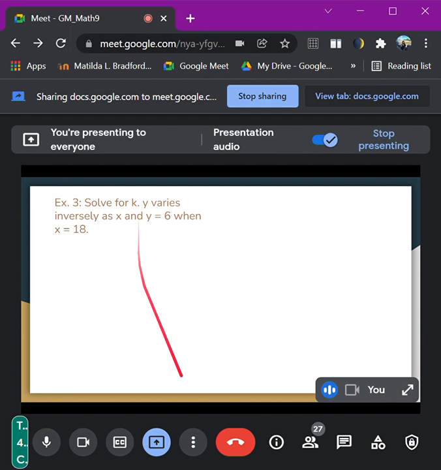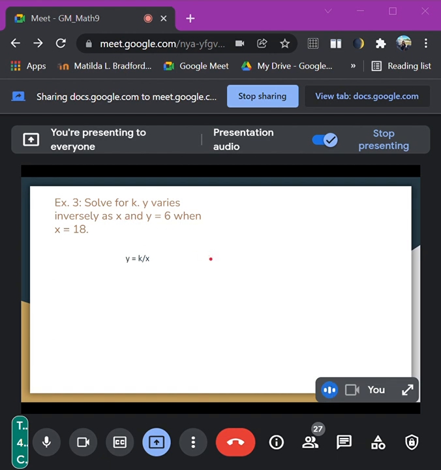Okay, good. So you have there, this is where we start, class, in our English phrases. We change it into an equation. So you have your y varies inversely as x. Y varies inversely over x. So y is equal to k over x. This is where you start.